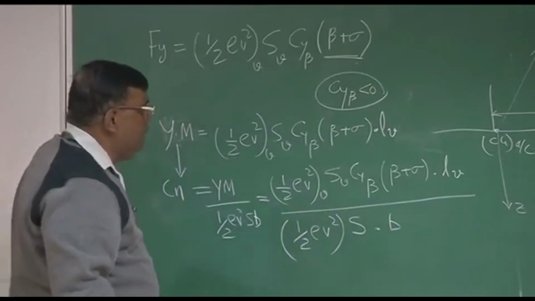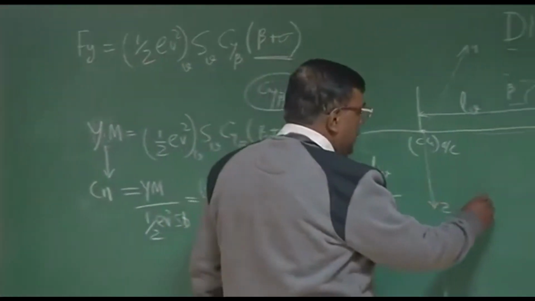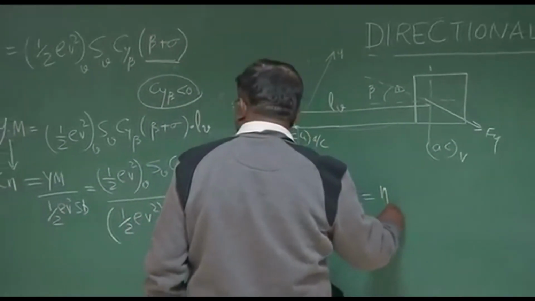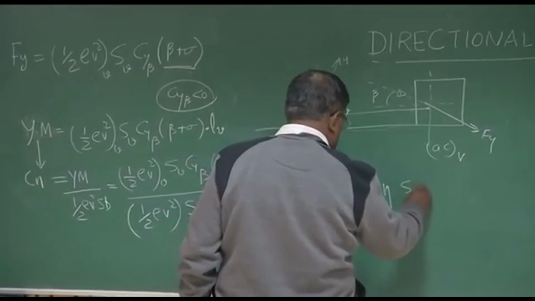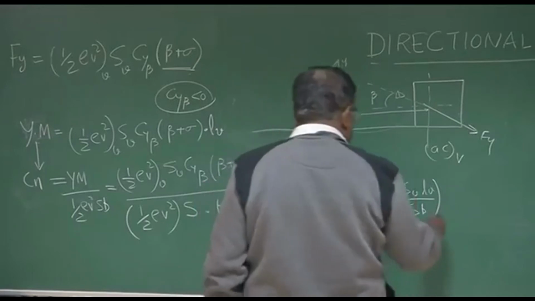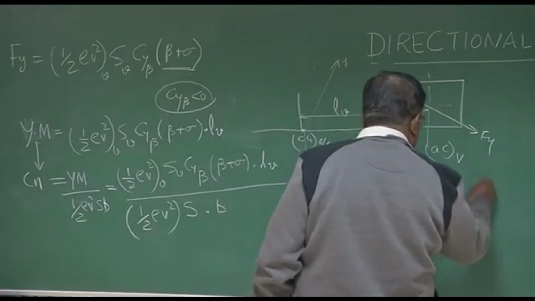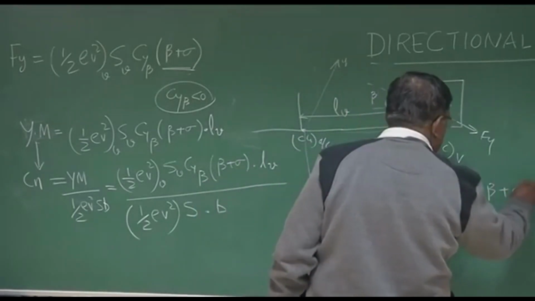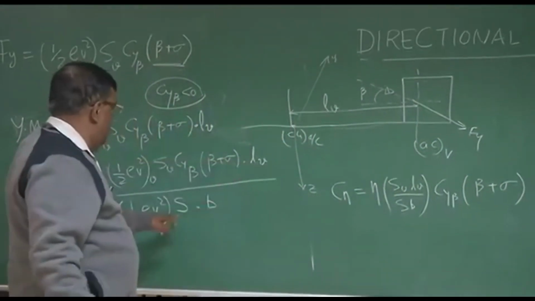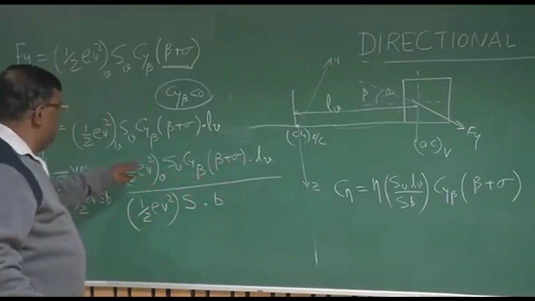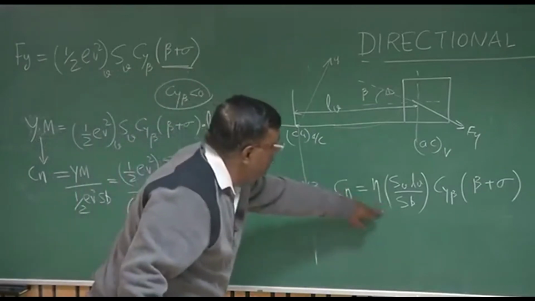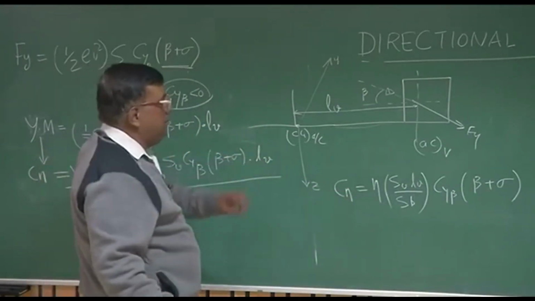Now if I write the expression, I get Cn equal to eta Sv Lv by Sb into Cy beta into beta plus sigma, right? I have taken Sv, Lv, S and b. So this is eta, so Sv, Lv by Sb. Cy beta here, beta plus sigma here.